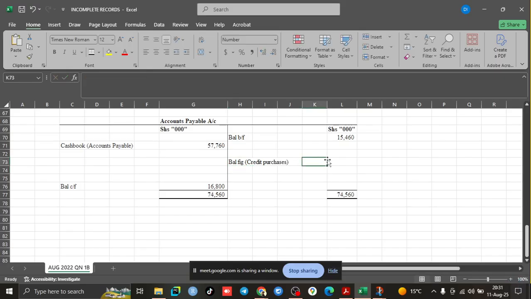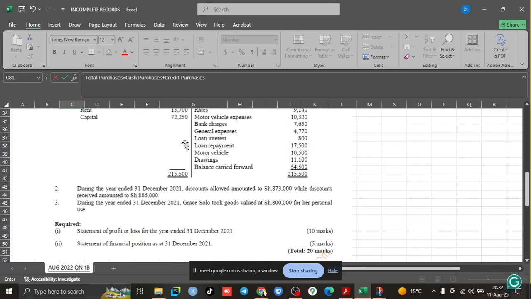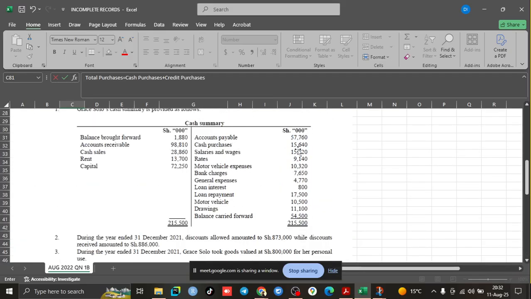And our balancing figure, credit purchases, chukua 74,560 minus 15,460, 59,100. But remember as well, total purchases ni cash purchases plus credit purchases. Cash purchases ziko given huku, cash purchase of 15,640.